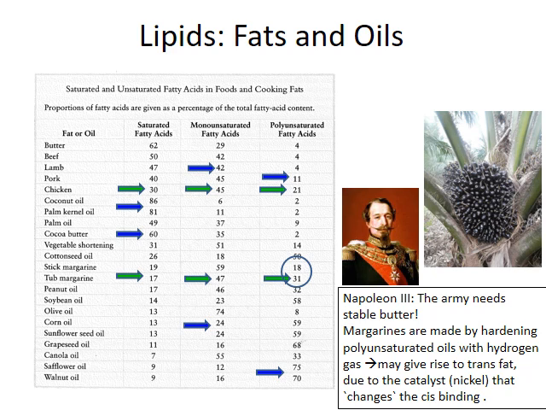The stick margarine is a more solid, harder margarine, and the tub margarine is softer because it contains far more polyunsaturated fatty acids. So this tub margarine is easier to spread.